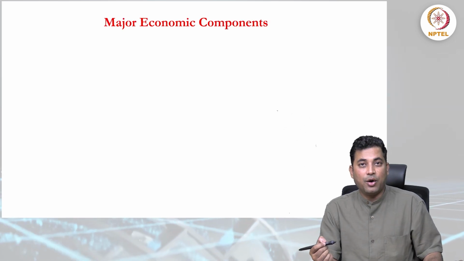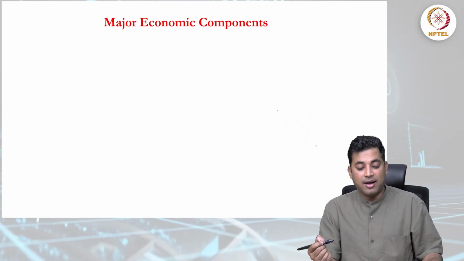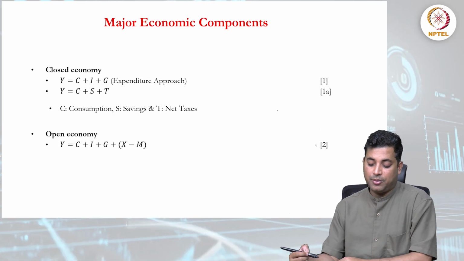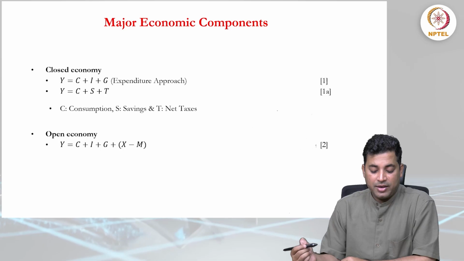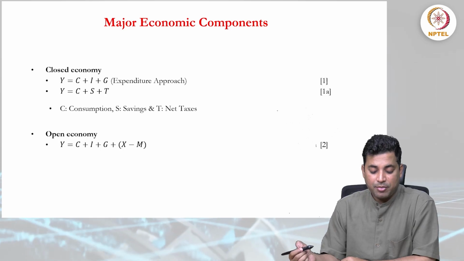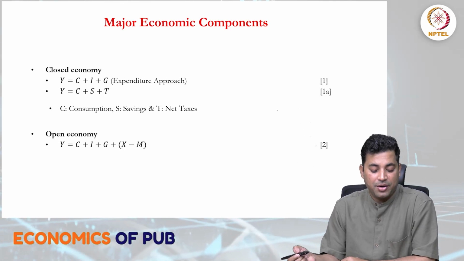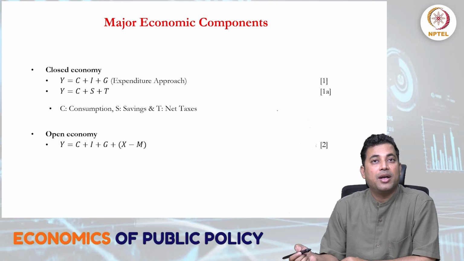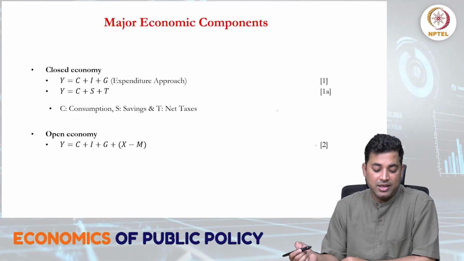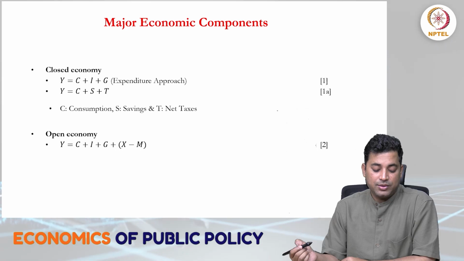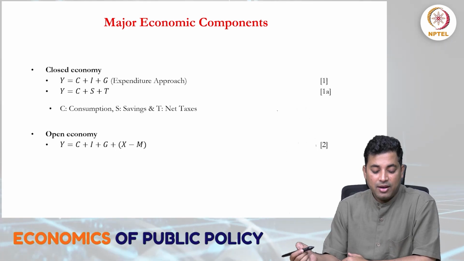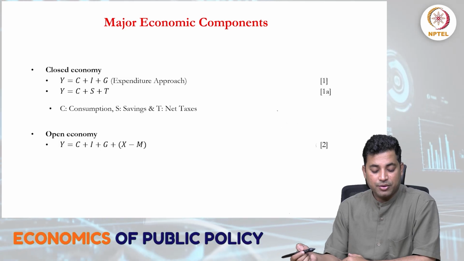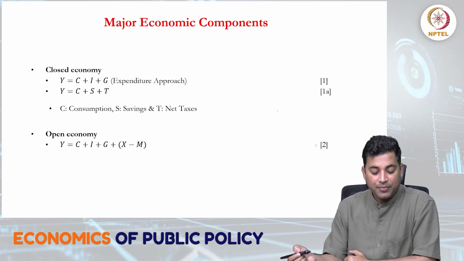Here we already introduced this in our last class: these two equations, 1 and 1a, if we follow the expenditure approach. In case of a closed economy we already discussed Y equals C plus I plus G, and then Y equals C plus S plus T. Even in this case, if we follow the income approach, this is also a good way to understand.